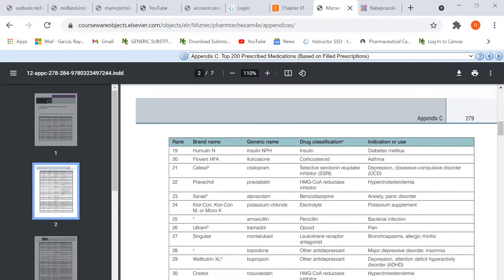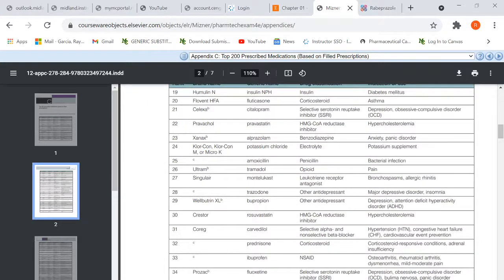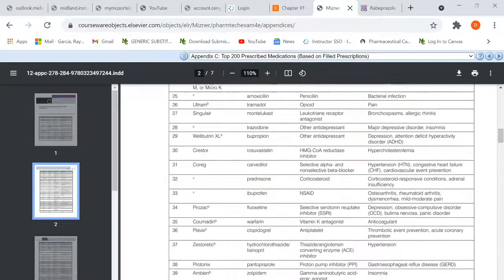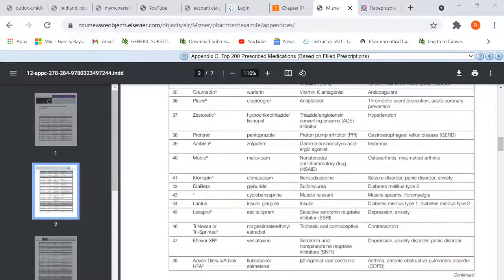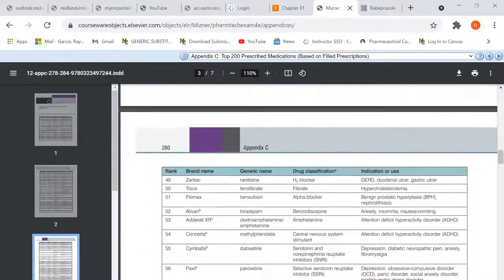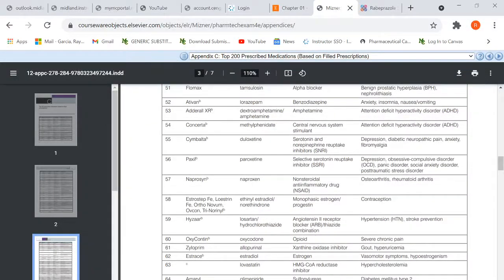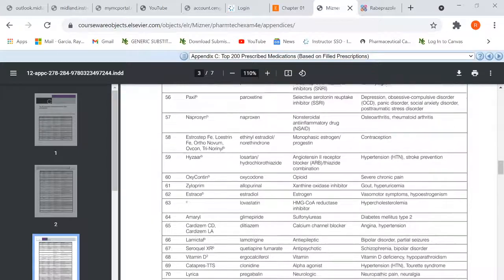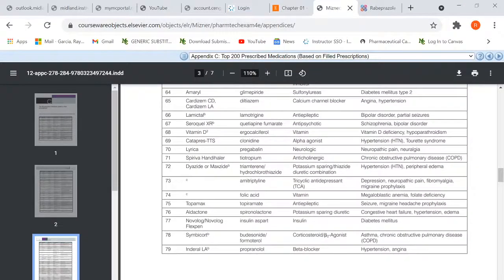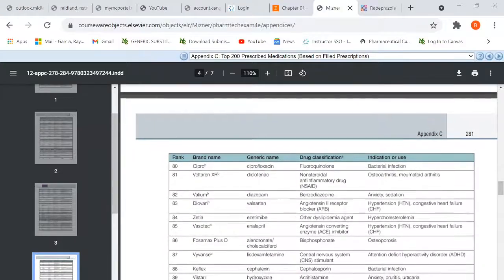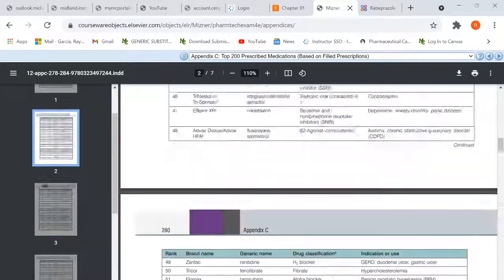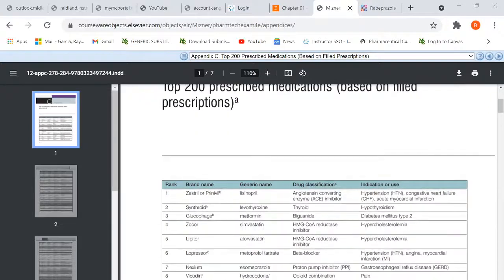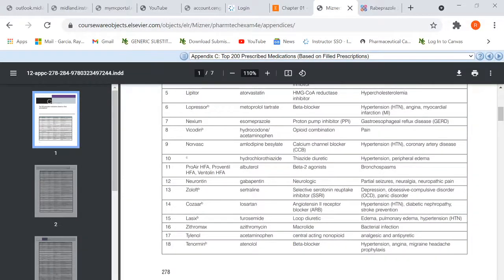Here's one that just says opioid. Another one, opioid. So for the most part, that's probably the only one, unless you find something else. Of course, don't skip it. Go back to it and see if you can find other ones within the top 100 to 200.